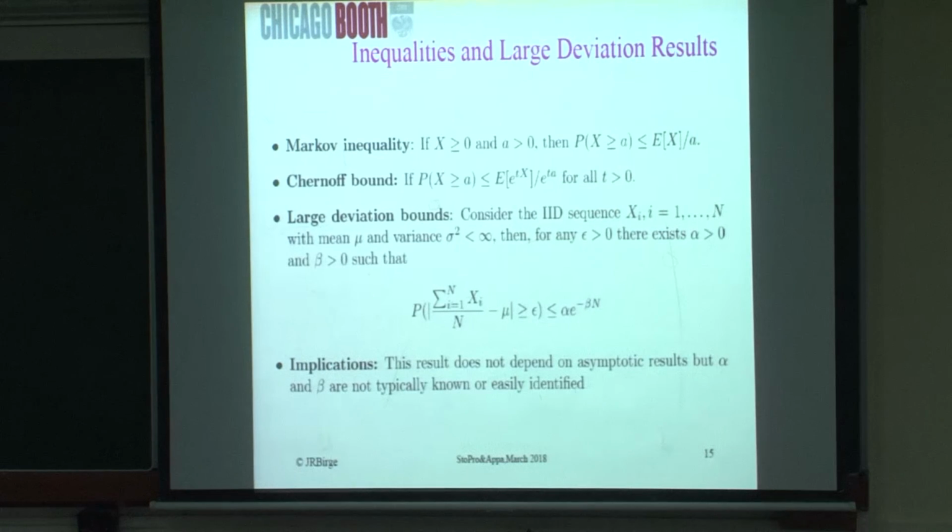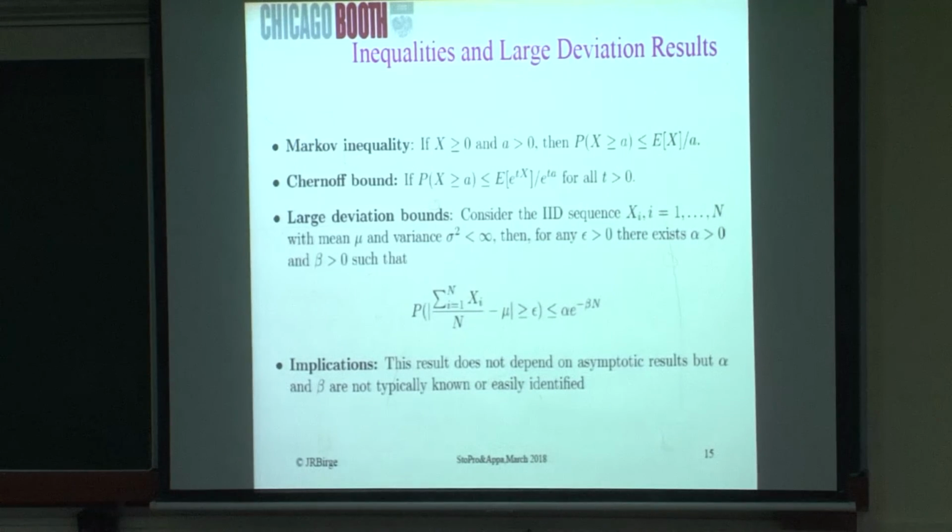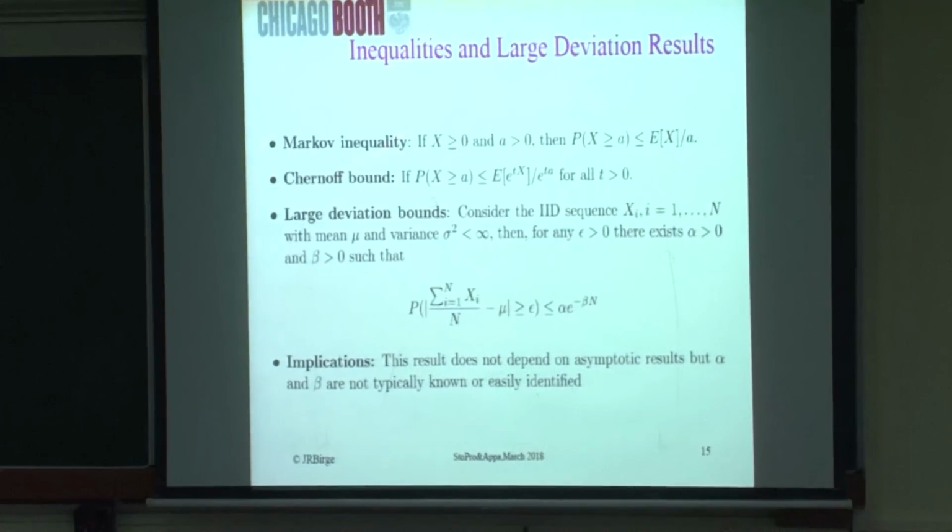Or the Chernoff bound. You can think of it as the Markov inequality applied to any random variable that I put in the exponent. In other words, I just take e to the x. e to the x is always non-negative, so it is a random variable that satisfies the Markov inequality.